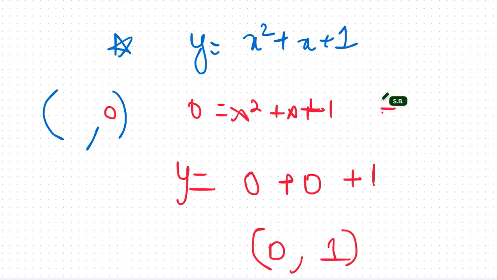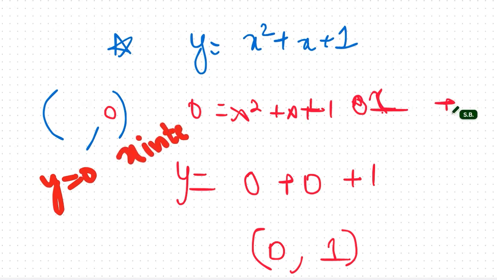So basically for x-intercept, we put y as 0, and for y-intercept, x is 0. Same, right?